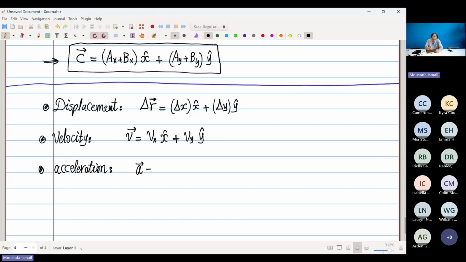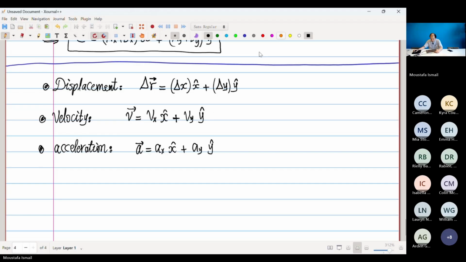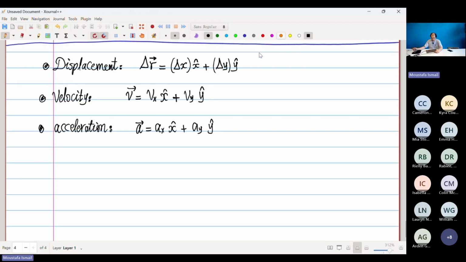Acceleration becomes acceleration in the x direction plus acceleration in the y direction. And then the kinematic equations become two sets of equations. They are the same equations, you just have two copies of them.